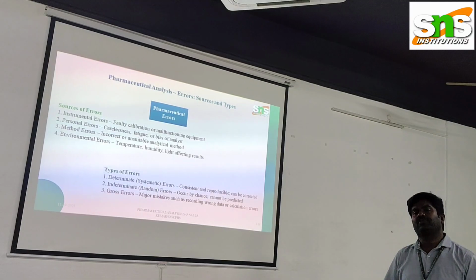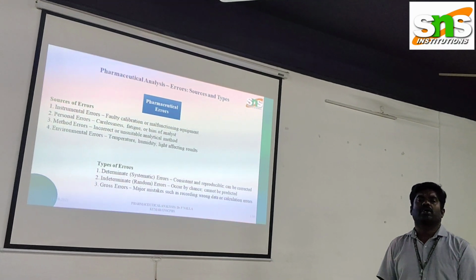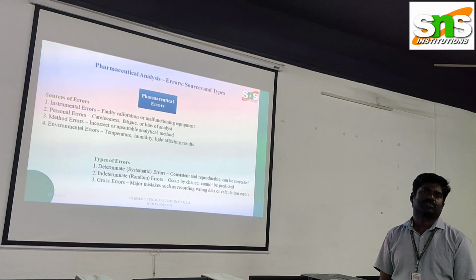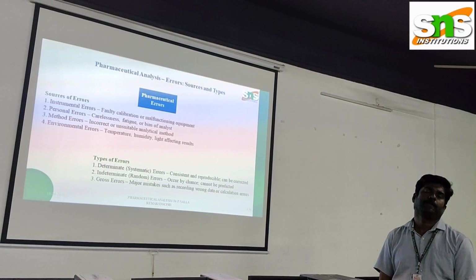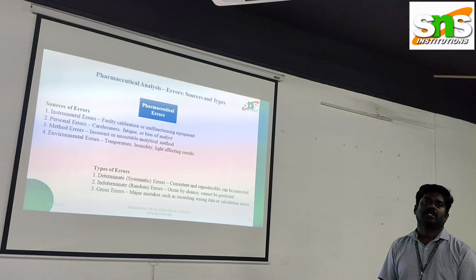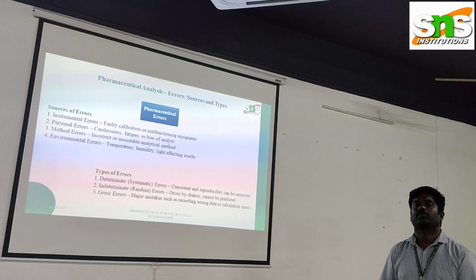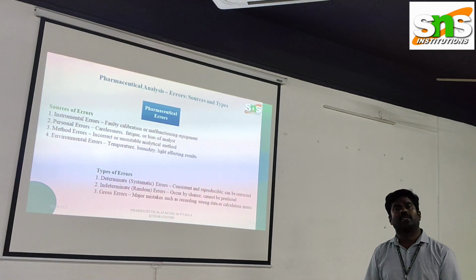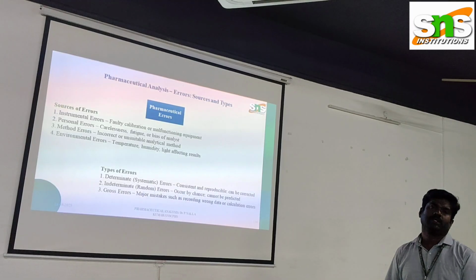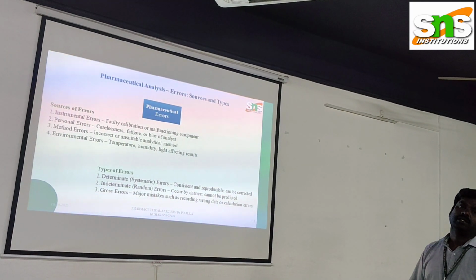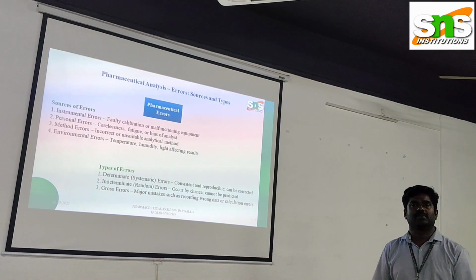As well as chromatography. Under chromatography, we have different types actually: paper chromatography, TLC, thin layer chromatography, HPTLC, high performance thin layer chromatography, HPLC, high performance liquid chromatography, UPLC, LCMS, GCMS.